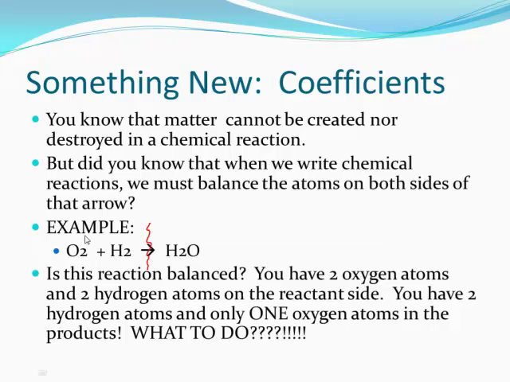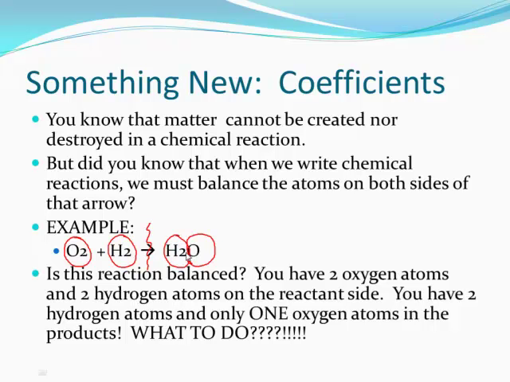On the left side of this arrow, we have 2 oxygen atoms and 2 hydrogen atoms. Now let's look at the product side. On the product side, we have 2 hydrogen atoms. Well, that's good, that matches. But we only have 1 oxygen atom. Well, that means that this chemical reaction is not balanced. We are not observing the law of the conservation of mass.